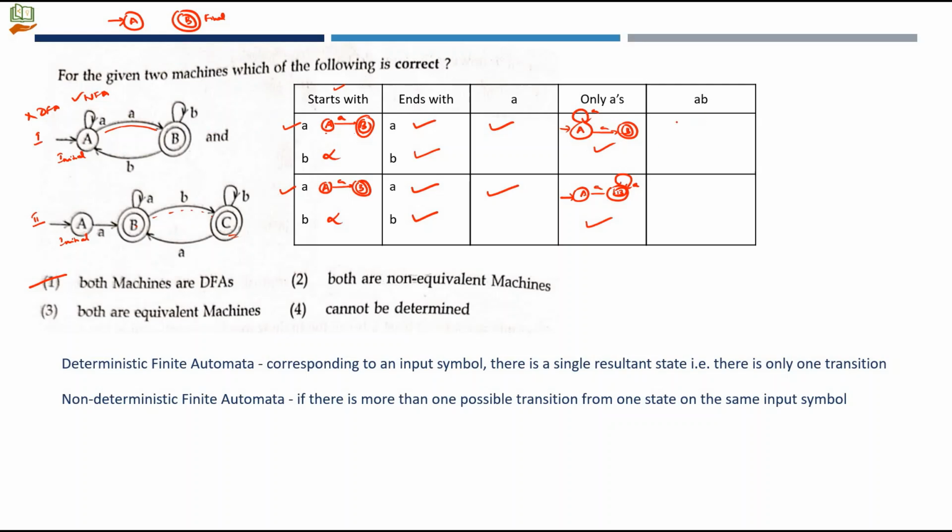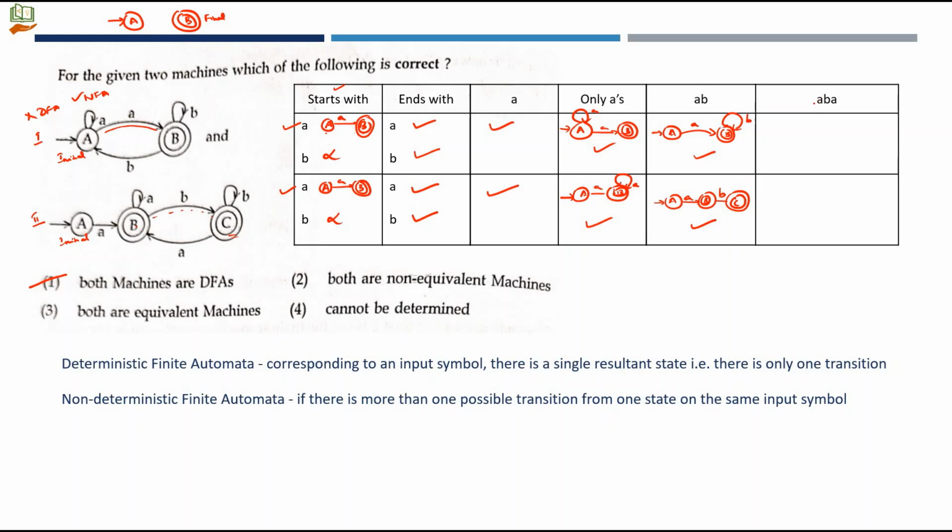For the first machine, we are moving from A to final state B, for input small a. When I self loop on B, the string AB will be accepted. What about the second machine? From A, we are moving to state B for input A, and from B, we are moving to state C for input B. So AB is accepted.